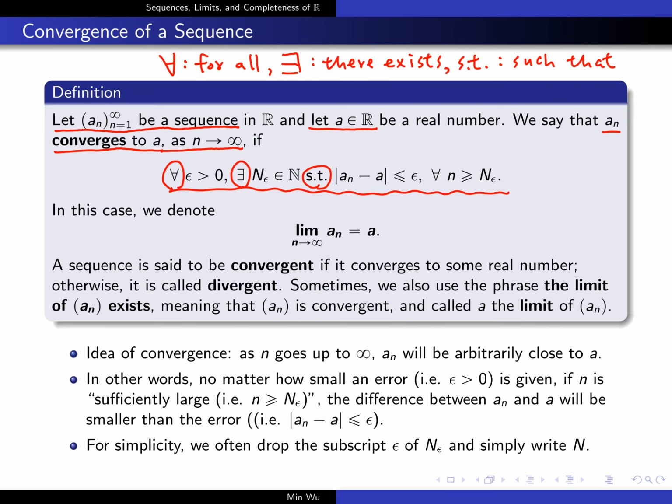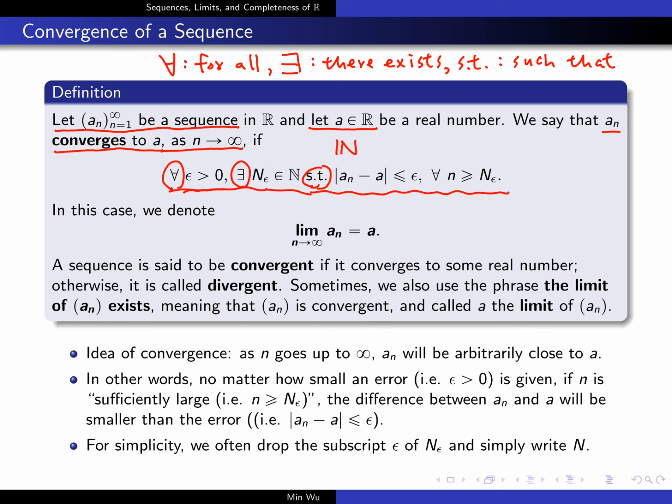Alright. Okay, so let's look at this logical statement. This logical statement is basically for all epsilon greater than 0, there exists an N epsilon in... Oh, by the way, here's another symbol. This is a funny N, similar to the funny R here.